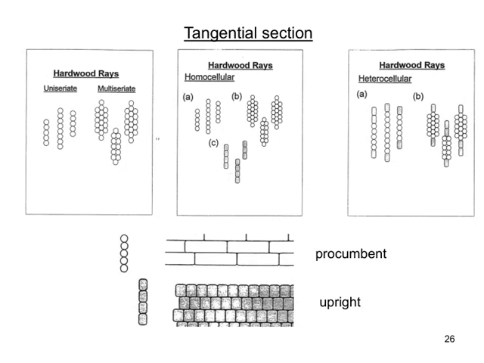Let's take a closer look at some important terms related to the orientation of plant structures. First, we have procumbent, which describes stems or branches that lie flat along the ground but do not root at the nodes. It's a common growth habit in plants that spread horizontally. Next, upright refers to stems or branches that grow vertically, standing straight up from the ground, which is typical for many trees and tall plants. Now, moving on to tangential section. This is a specific way of cutting a plant or a structure to observe its internal features.